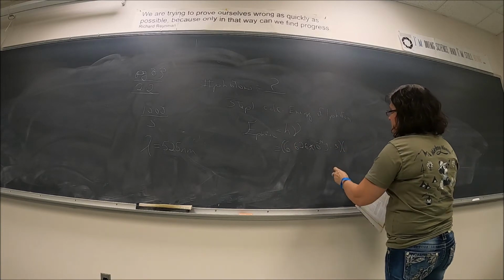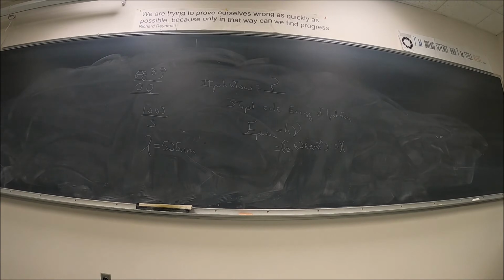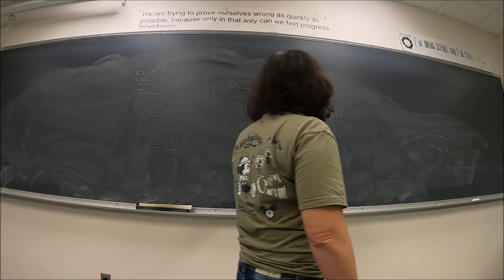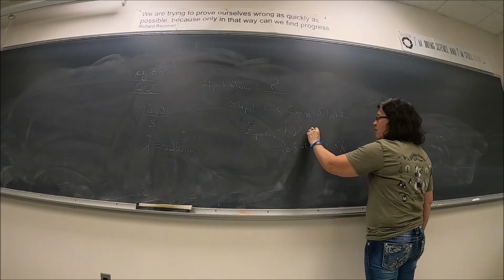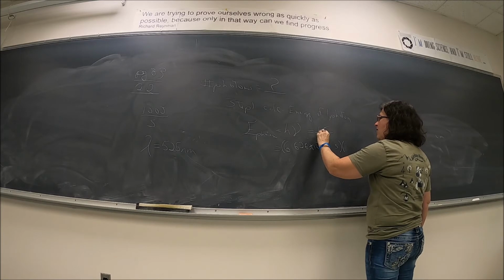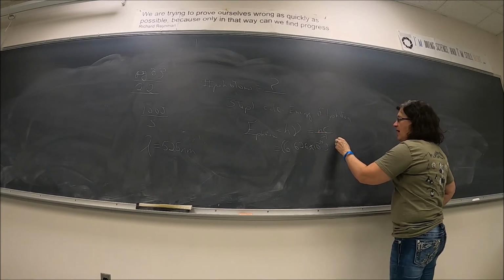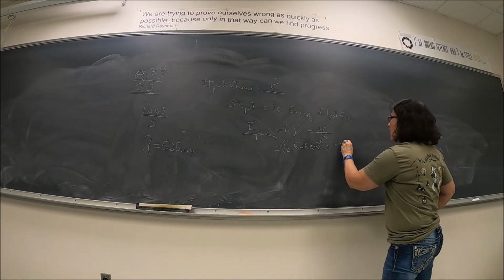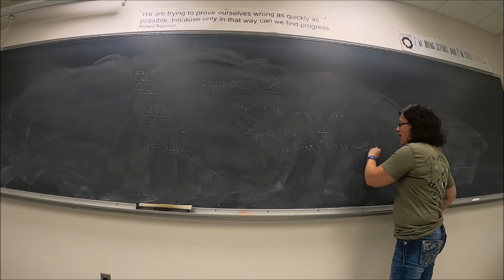And frequency, I don't have frequency, I have wavelength. So I'm going to think about this as hc over lambda. So I've got h. C is the speed of light, 3.00 times 10 to the 8 meters per second.